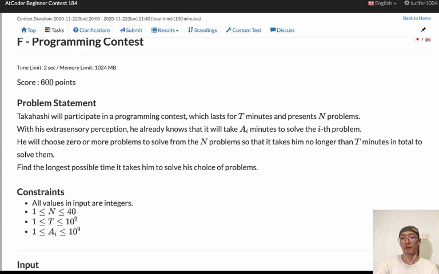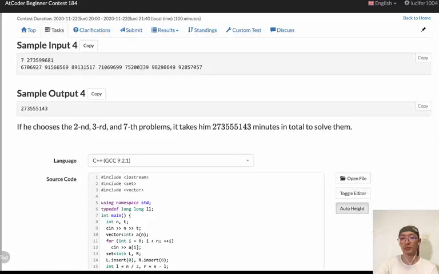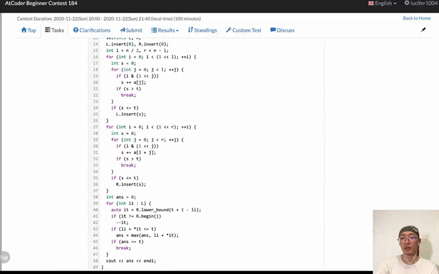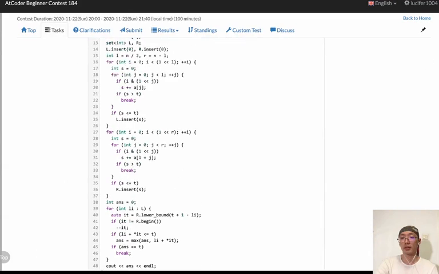So actually this problem is not very difficult if you know the technique of meet in the middle. The code is easy.